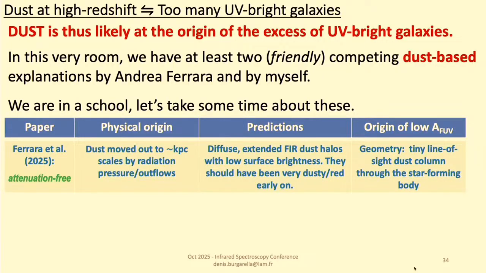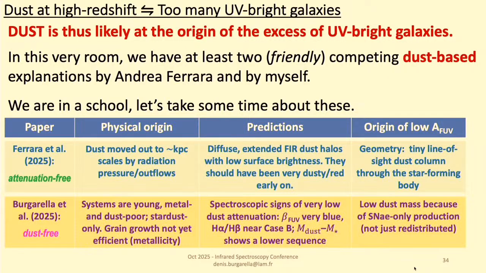And the prediction is that we have extended far-infrared dust halos with low surface brightness, and they should or will be observed maybe with a new version of ALMA. And the main effect is because of geometry. The dust is going outside, and when you look at the galaxy inside, the dust column is lower, and you see dust attenuation-free galaxies.